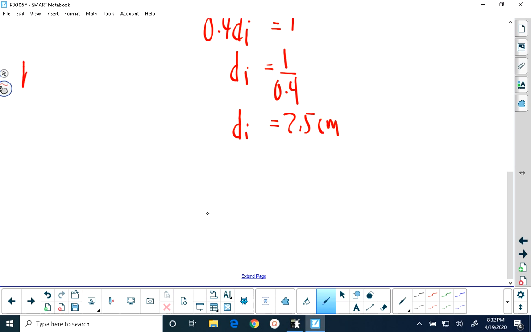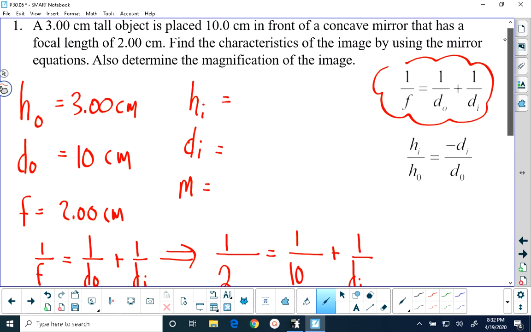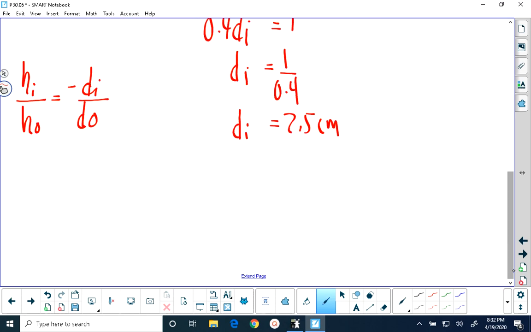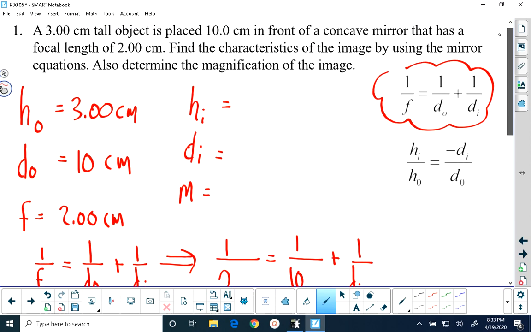We can use the formula HI over HO equals negative dI over dO and start putting everything in so that we can find HI. The height of the object was 3 centimeters, so we will have HI over 3 equals negative dI, which is negative 2.5, over dO, which I thought was 10, and it is.